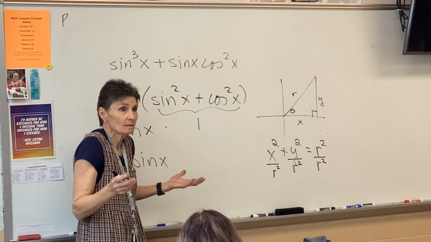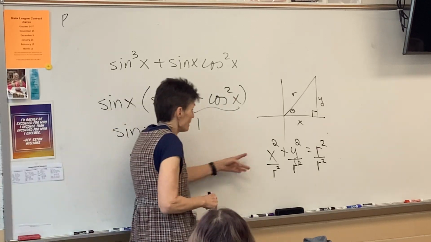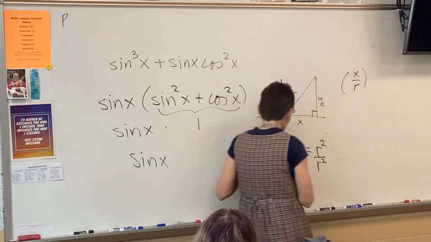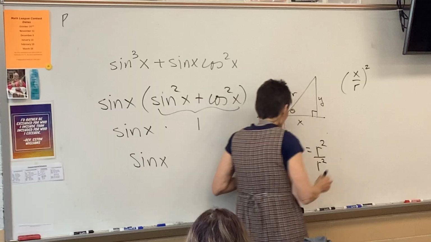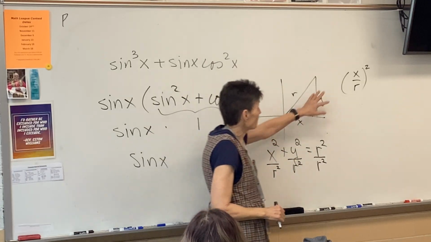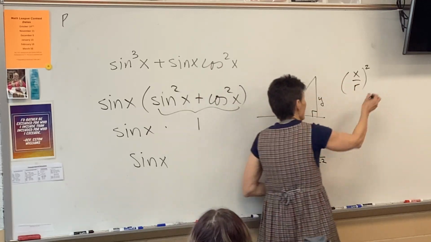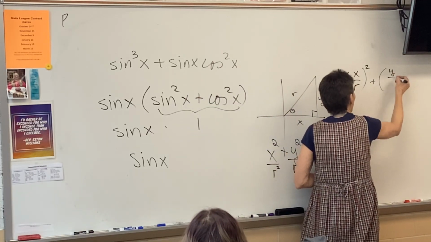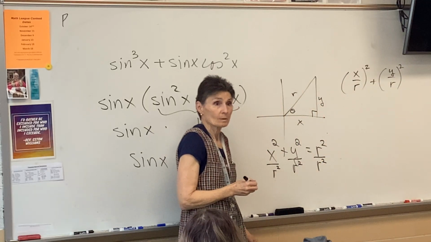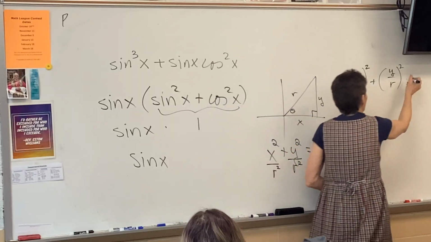I can divide everything by the same thing. So now I have x squared over r squared, which is the fraction x over r, squared. And then I have the fraction y over r, squared. And then r squared over r squared is just 1.